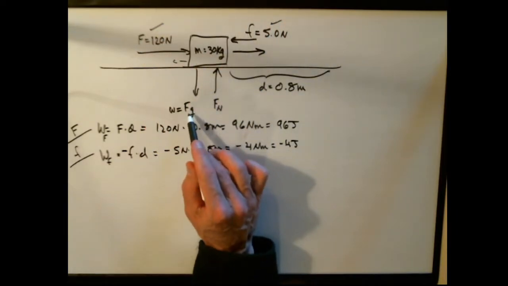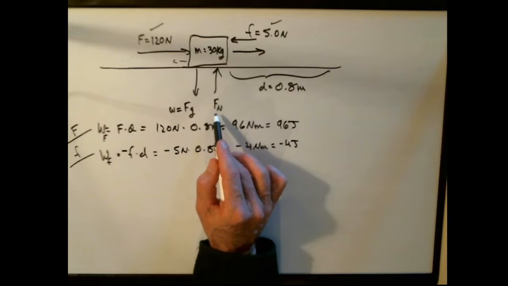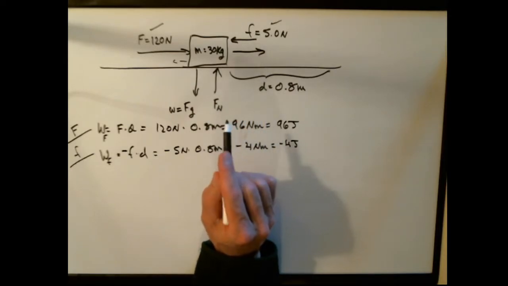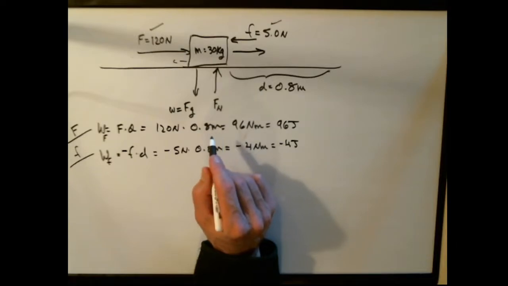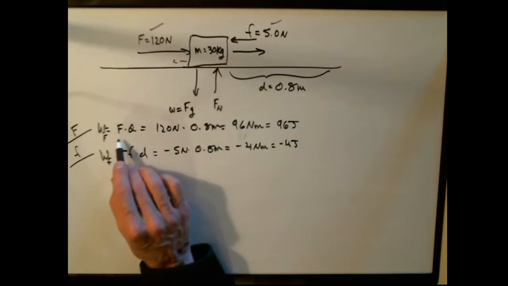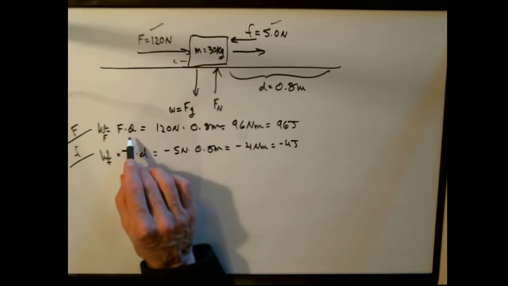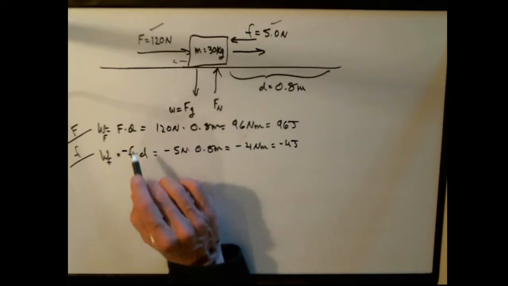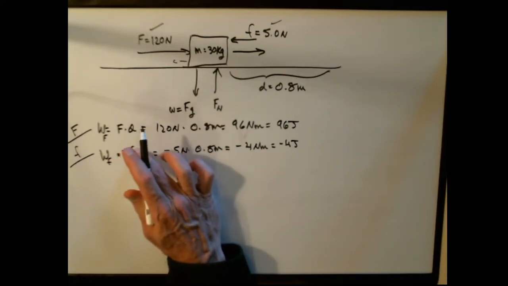And now we can ask the question, well, what's the work done by gravity and the normal force? And you should probably be able to do this in your head, because if you remember, the work is the force times the distance moved in the direction of the force. I'm pausing for you to think about that for a second. This is if it's opposite direction of the force.